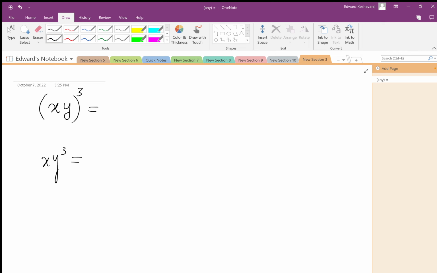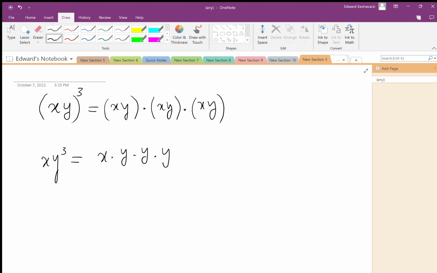But in the second example, you don't have brackets, so it means 3 does not apply to x. So if you want to expand it based on the definition of the exponents, it's going to be xy times xy times xy. However, the second example would be x times y times y times y. If you compare these two answers, you would know exactly what is the meaning of exponents and how brackets apply.